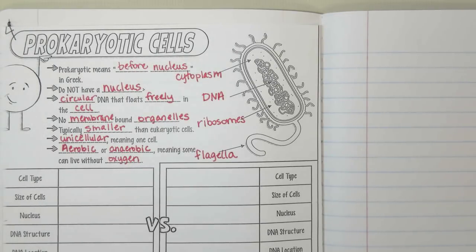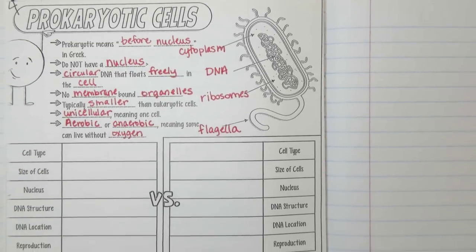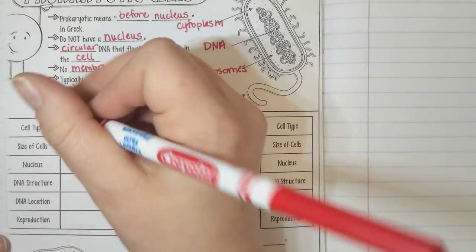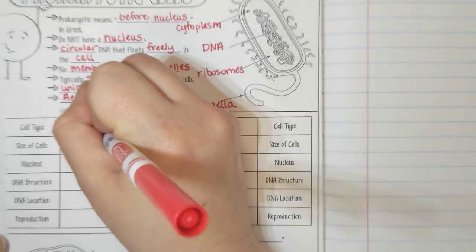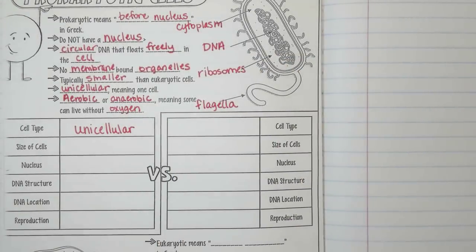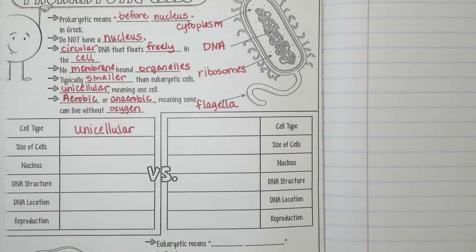So if we were to summarize some of this information, I'm going to move down to the middle chart. If we're talking just about the prokaryotic cells, we would say that they are usually unicellular, meaning the organism can be made of just one cell. The size of the cells, usually when we talk about size, we measure things in centimeters or even smaller millimeters.